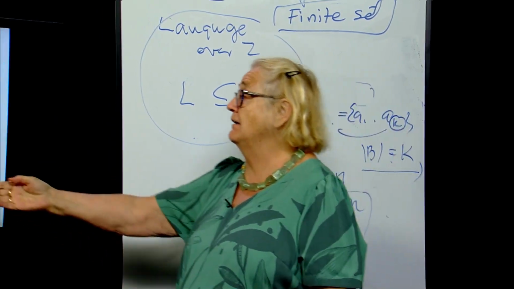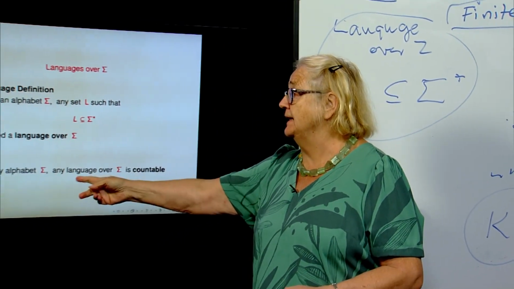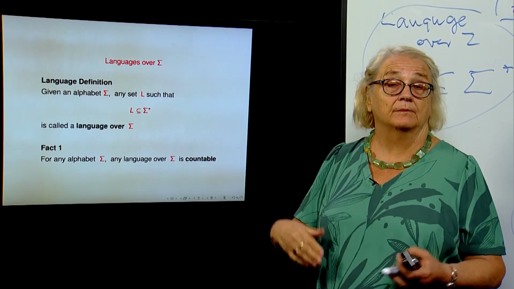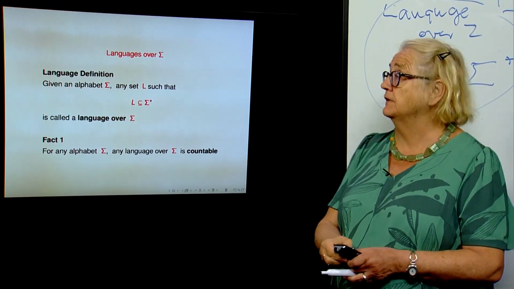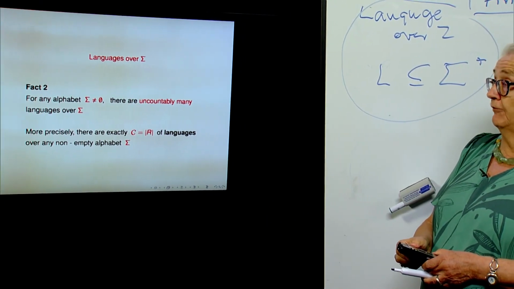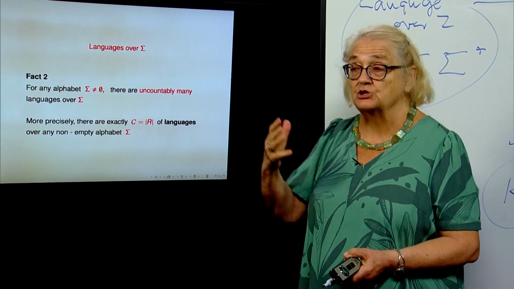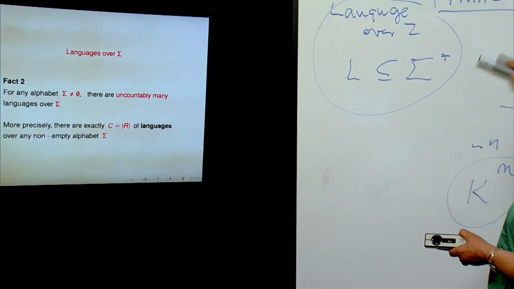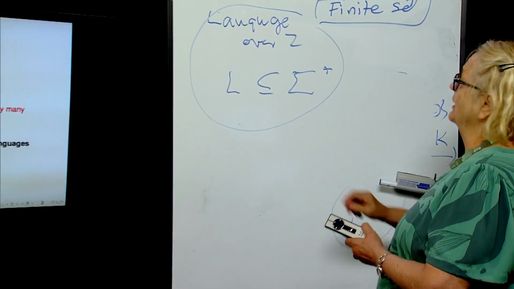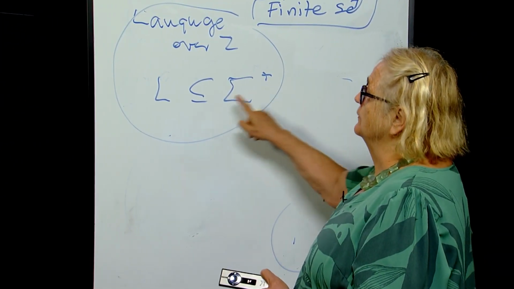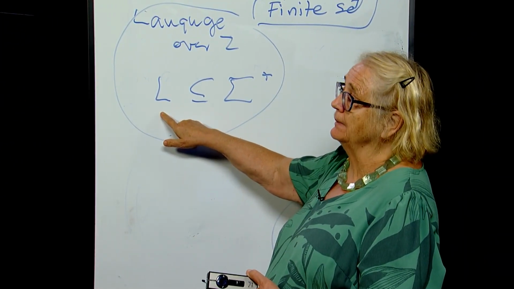And for any alphabet, a language is always countable. It can be finite or infinite. And for any alphabet, there are uncountably many languages. So a language is a subset of sigma star, so the language is countably infinite.